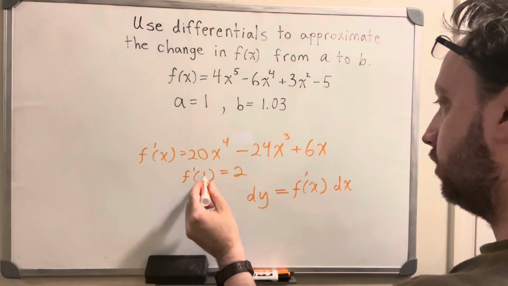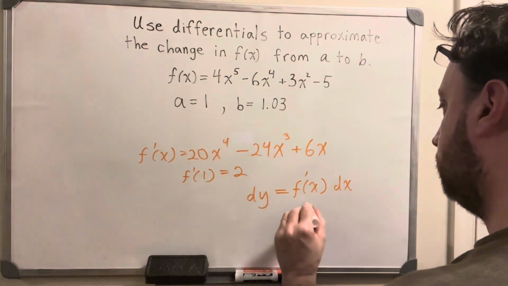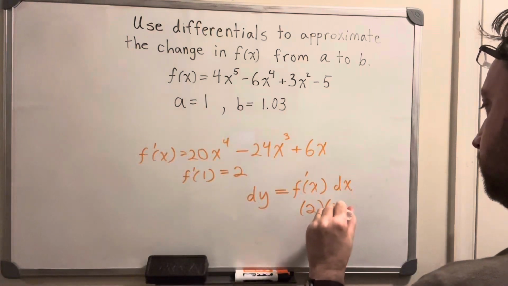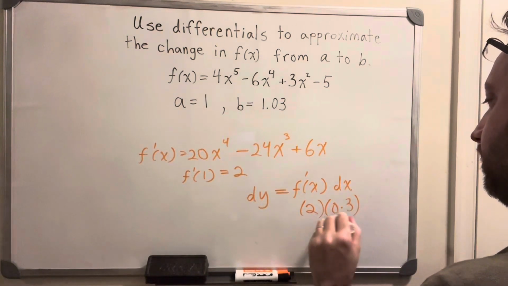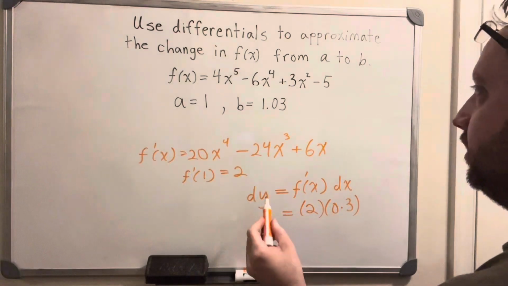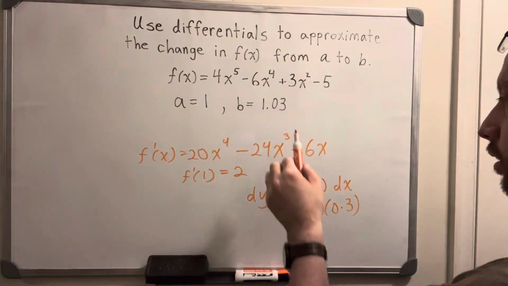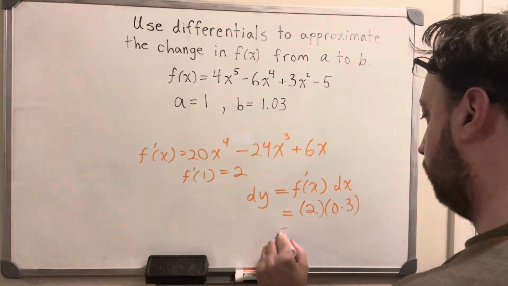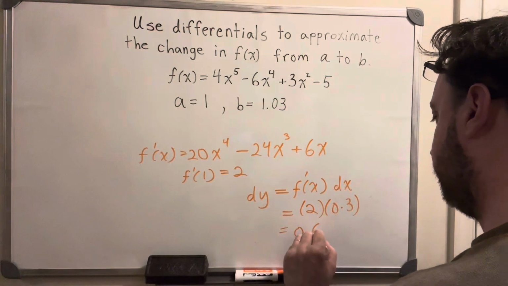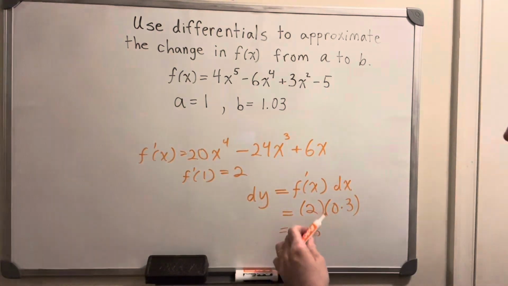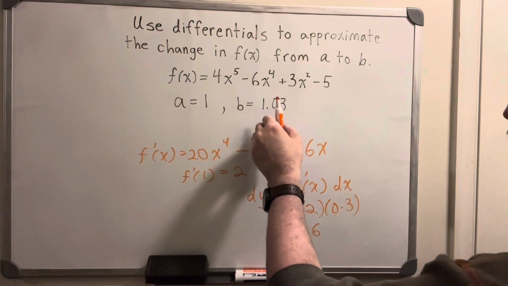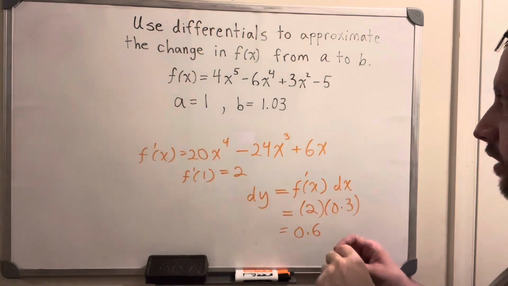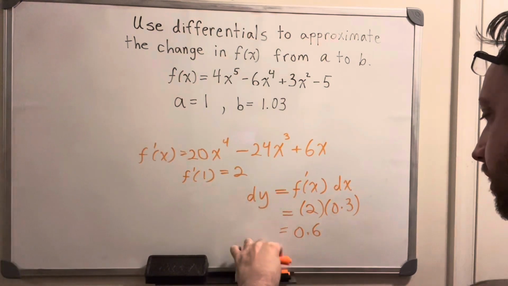So the value of the slope is 2. The value of the differential in the x direction was 0.03. So the approximate change in y value, the y differential, is 2 times 0.03 equals 0.06. That's approximately how much the function's value has changed between its x values changing from 1 to 1.03.